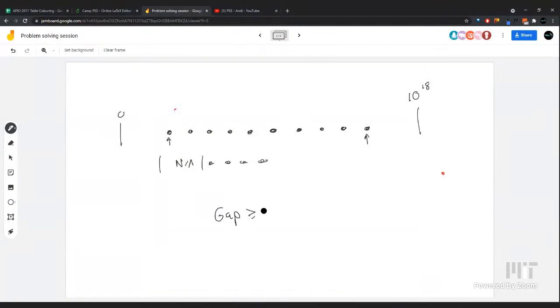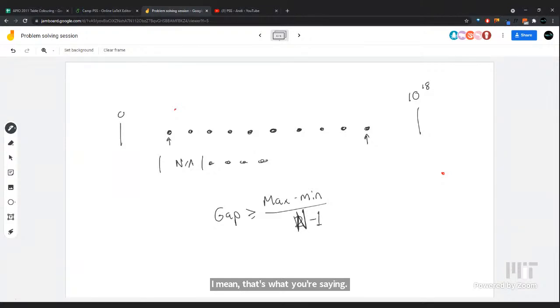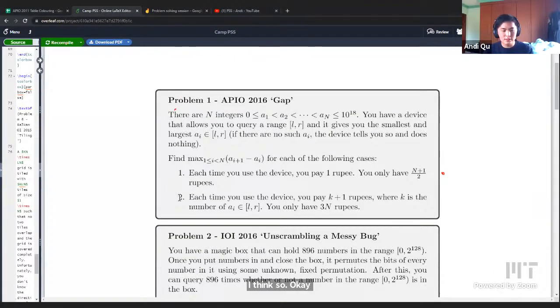The gap is greater than or equal to max minus min over n minus 1, right? I think yeah, that's right. So that's the main idea for the second question.